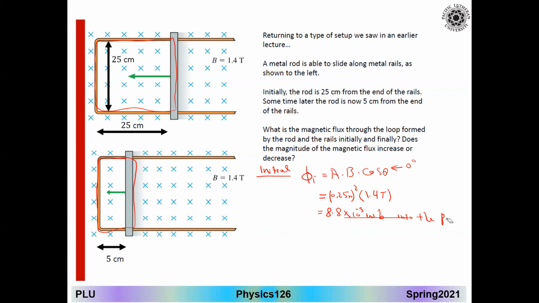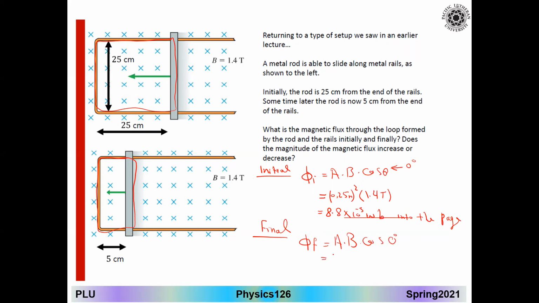Let's see the second one, the final one. Here is the final. We have phi final. Similarly for this one, it is A times B times cosine 0.